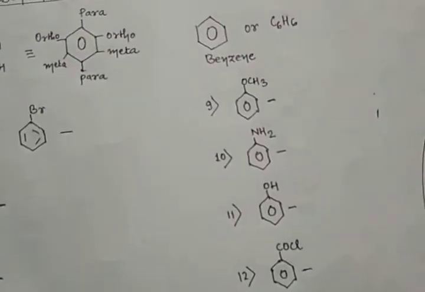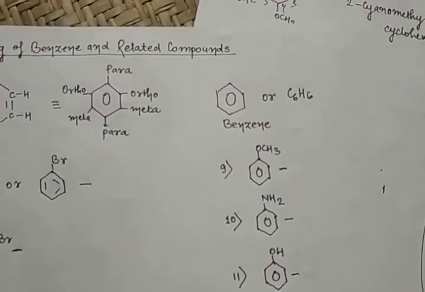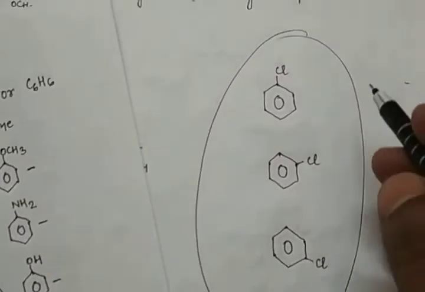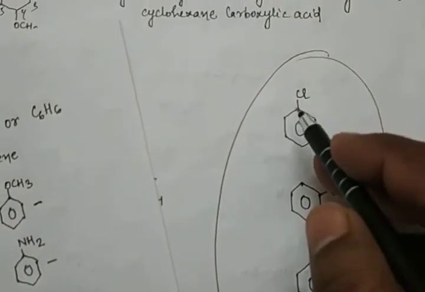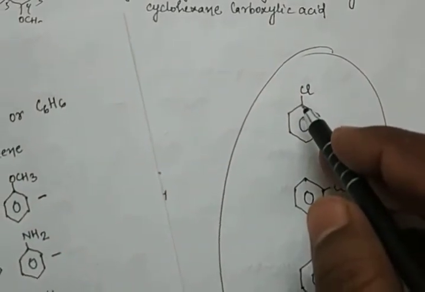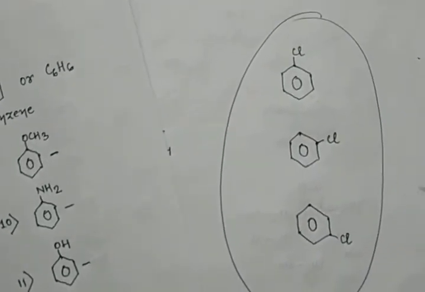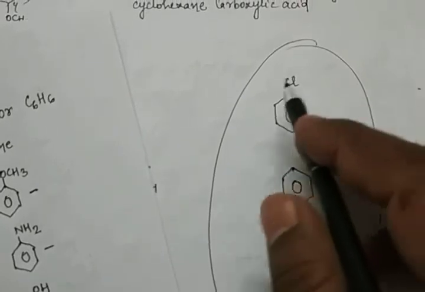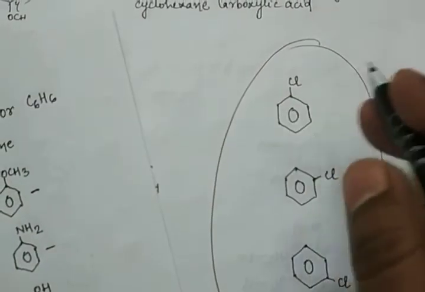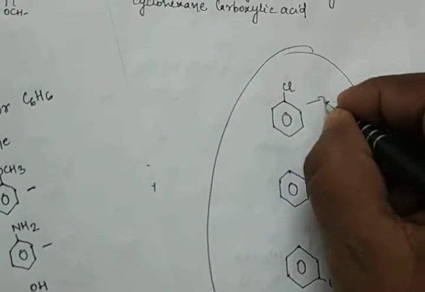Clear? Now there is a three structure. Suppose chlorine is attached at this position, and chlorine is there. Now suppose one group is there. So if one group is there, it means this is a para position.